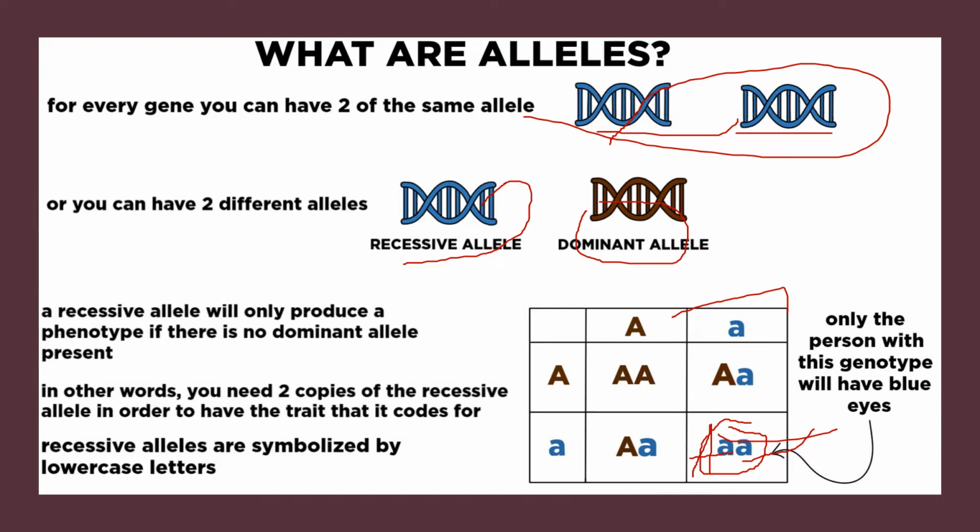Here, you have two copies of the recessive allele in order to have the trait that it codes for. Recessive alleles are symbolized by lowercase. So A here, this is dominant. Brown eye siya. Ito, brown eyes pa rin. Dito lang siya magkakaroon ng blue eyes.